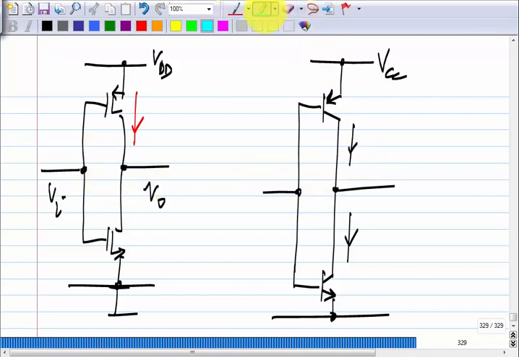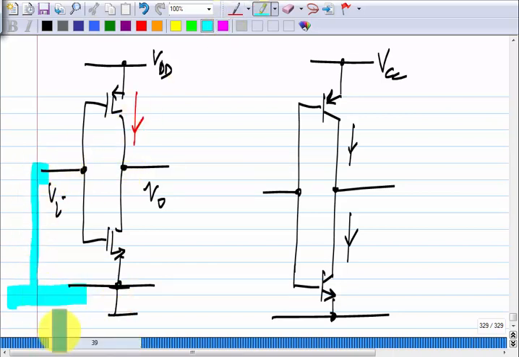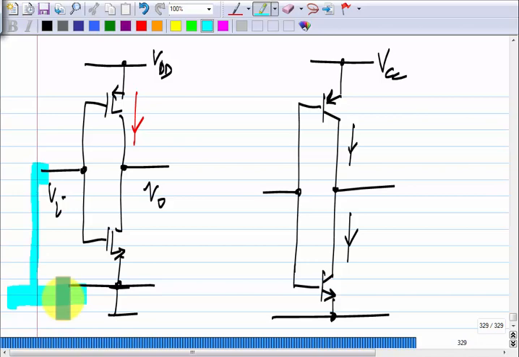What happens is that when Vi is low, when Vi is connected to ground, which regions are the transistors in? MP and Mn. What region is MP in? So, V naught will go up to VDD, MP will be in triode. Now, the point is nothing happens, the gate is still drawing 0 current.